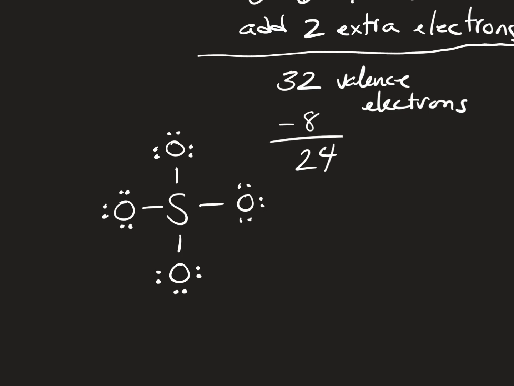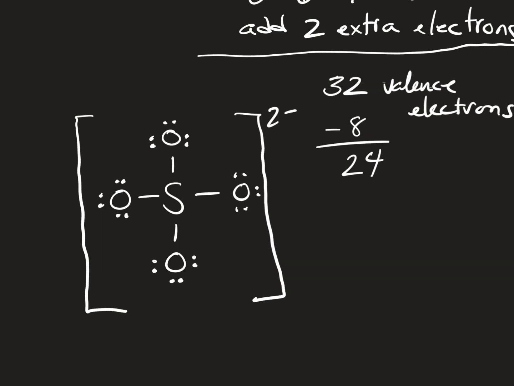Now we're not finished, because this is an ion, and you cannot forget that this is an ion that has a 2- charge. So what I've drawn here are brackets around this polyatomic ion. The brackets, guys, are important. It's not just some extra fancy thing that I'm adding. You have to show that this is an ion.